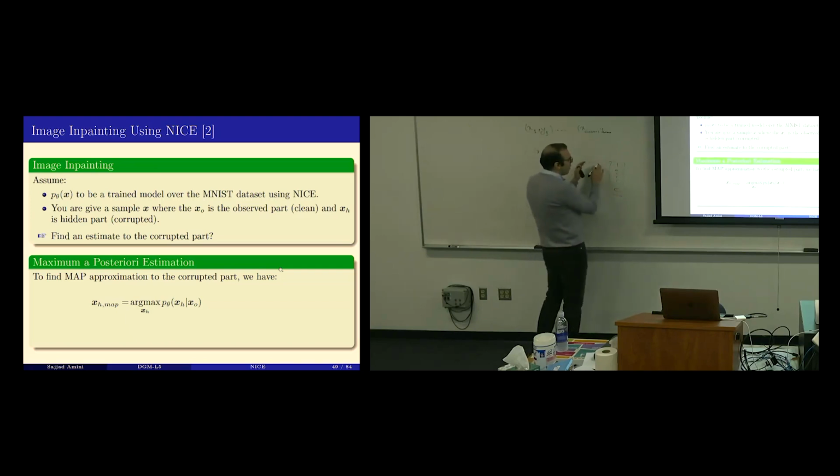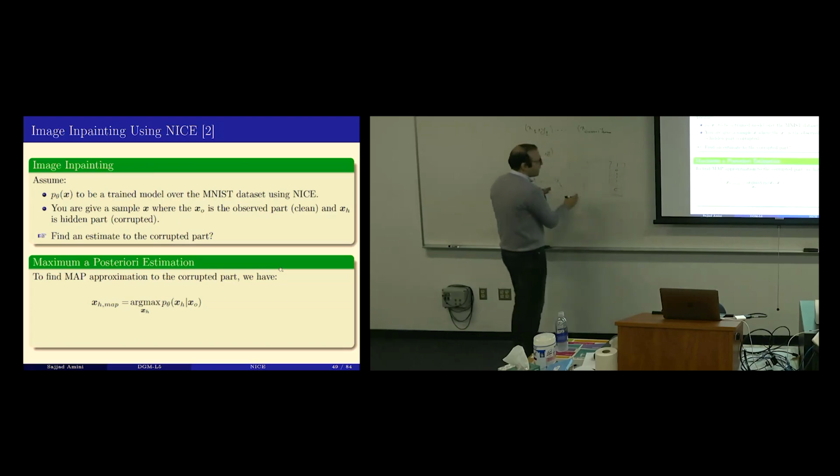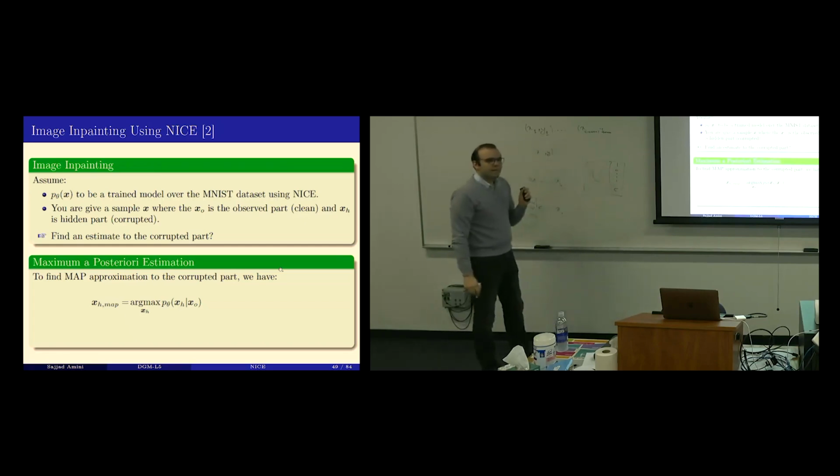How does the model complete the vector? Because it is trained on the complete vector, when this part is observed and this part is hidden or corrupted, it can fill the corrupted part because it has a model of how they are correlated with each other.